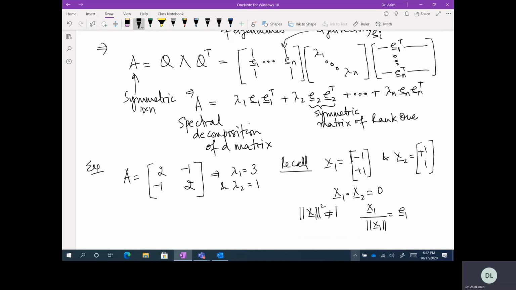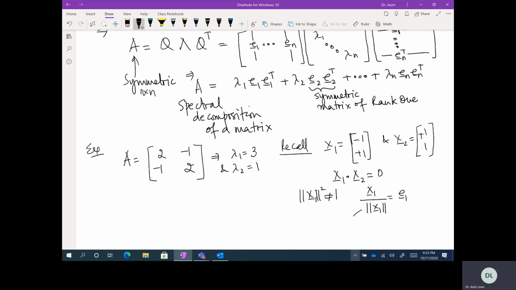And what is the length of x1? This length is under root of 1 squared plus minus 1 squared. This is under root 2. So this one is 1 over under root 2 times minus 1, 1. Now this length is 1. The norm of E1 is 1.